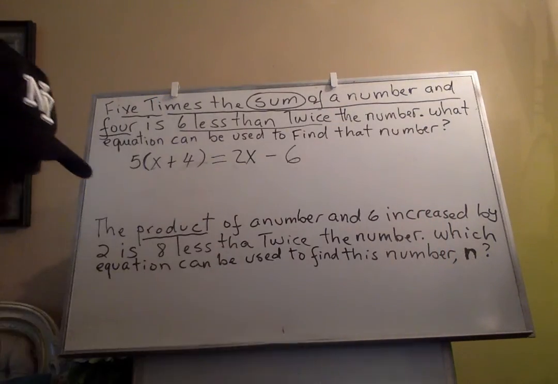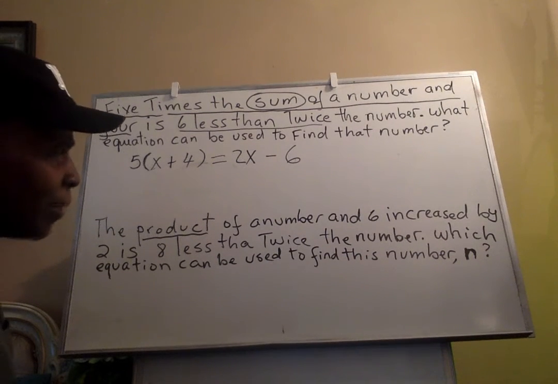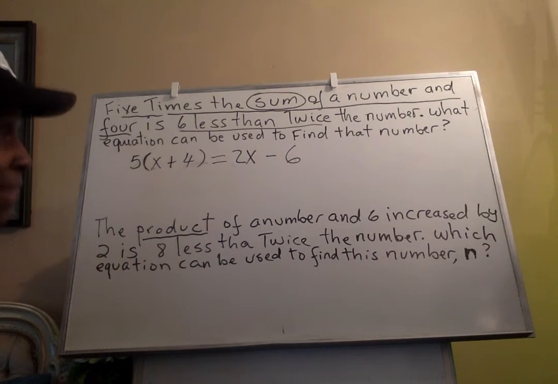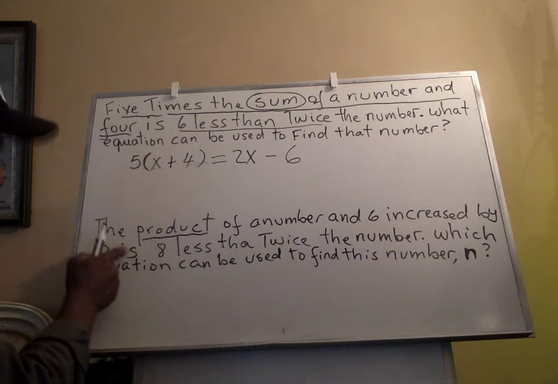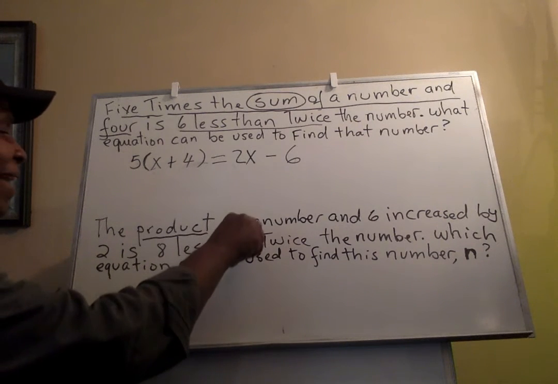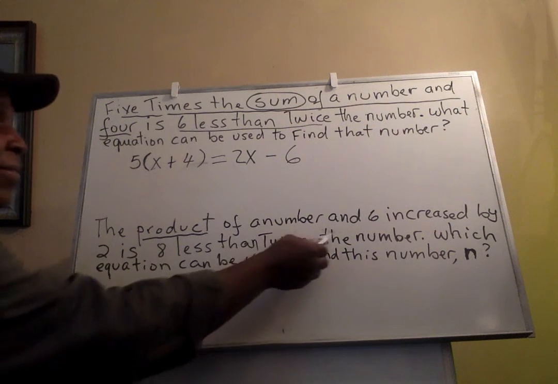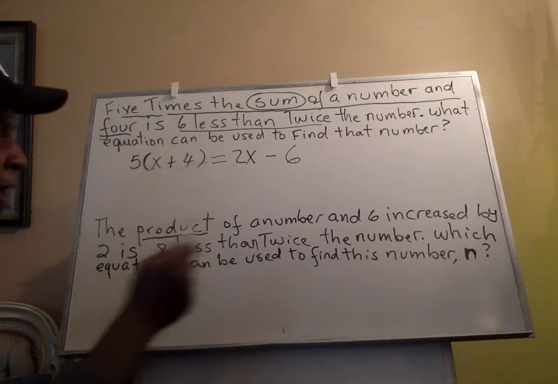Okay? So, let's read it. The product of a number and 6 increased by 2 is, that means is equal to, is 8 less than twice the number. Which equation can be used to find this number?